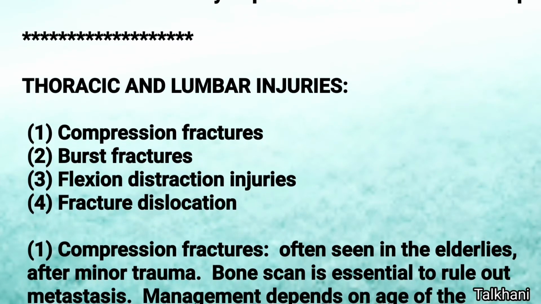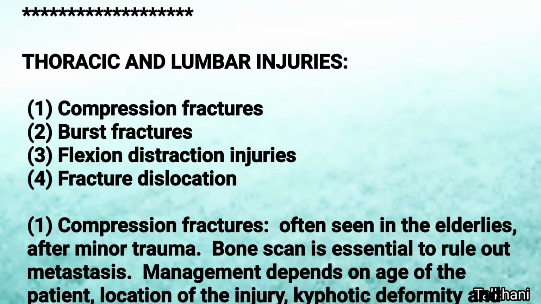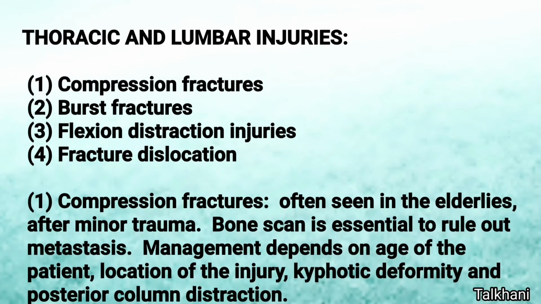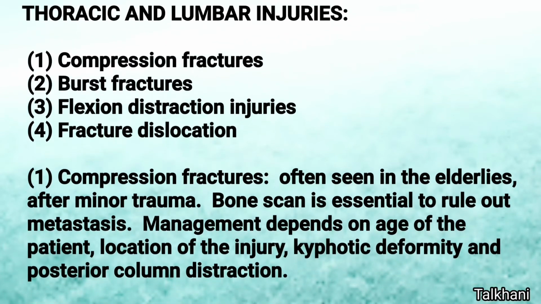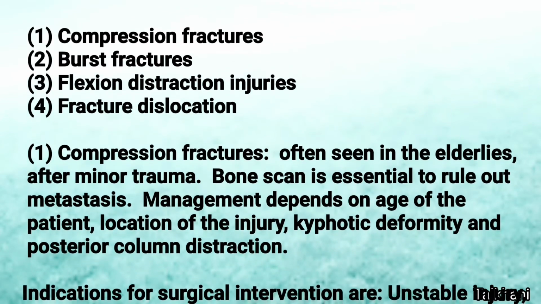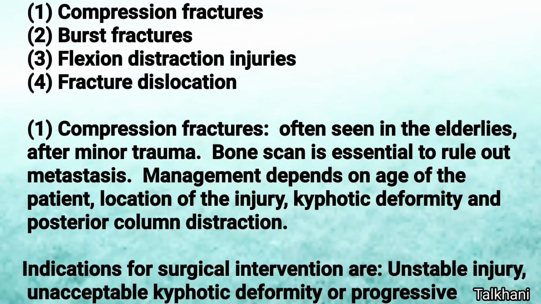Thoracic and lumbar injuries. Categories are 1, compression fractures; 2, burst fractures; 3, flexion distraction injuries; and 4, fracture dislocations. Number 1, compression fractures. Compression fractures are often seen in the elderly after minor trauma.